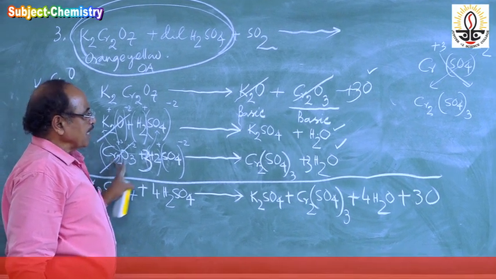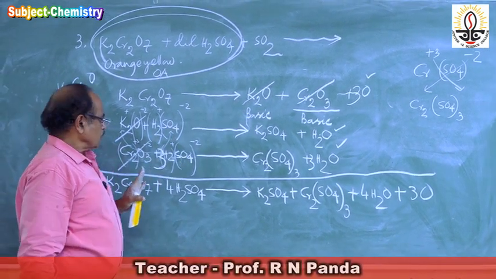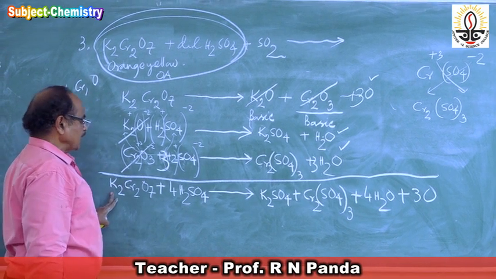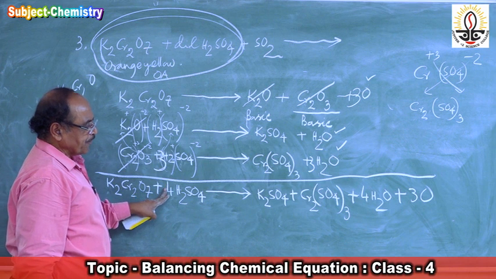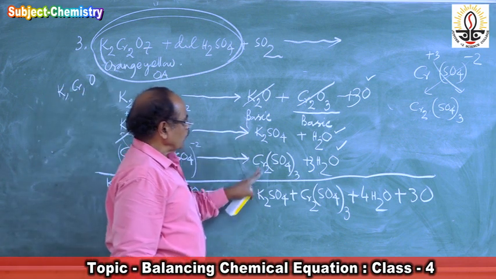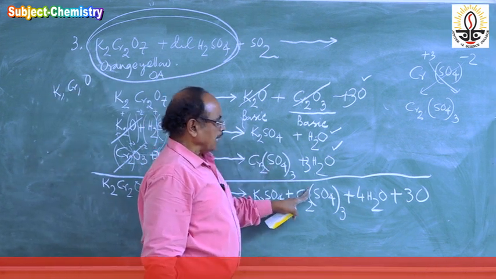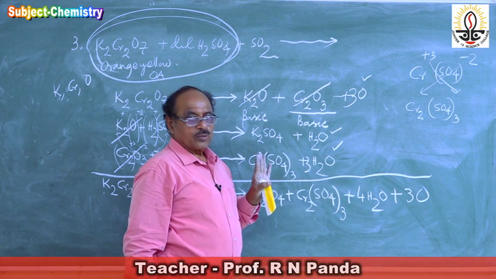Cr2O3 on the left side and right side cancel. So I got K2Cr2O7 plus 4 sulfuric acid forms K2SO4, Cr2(SO4)3, 4 water plus 3 O.